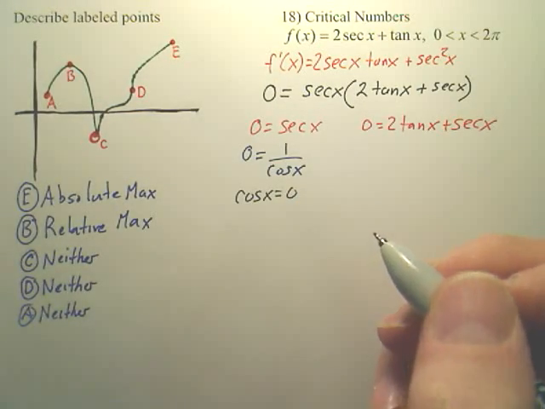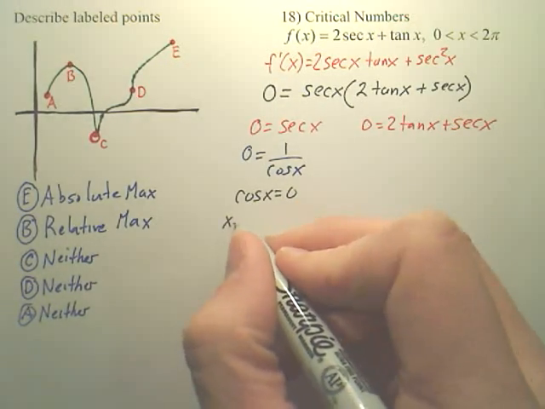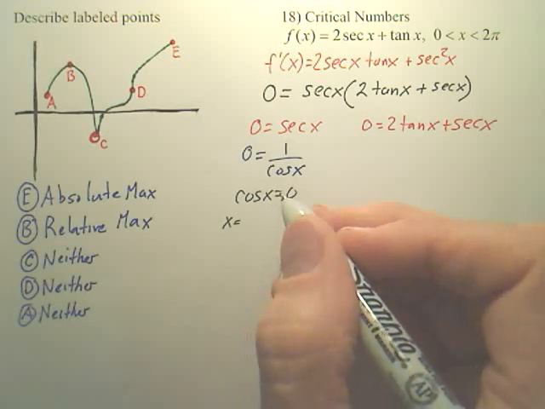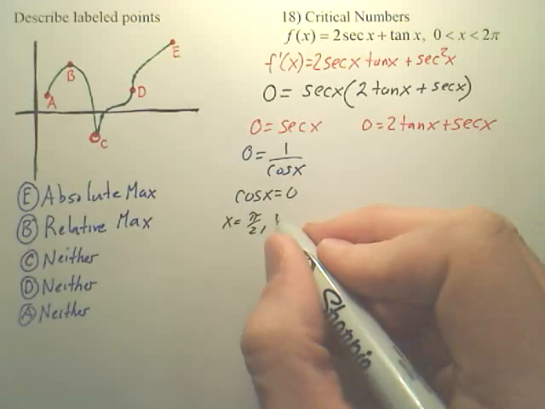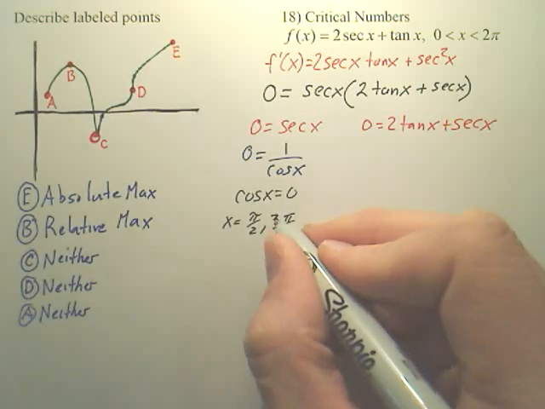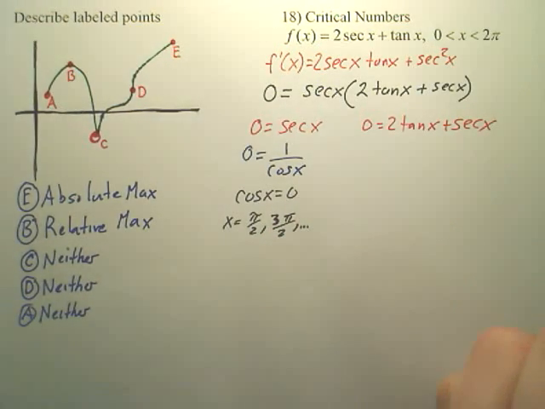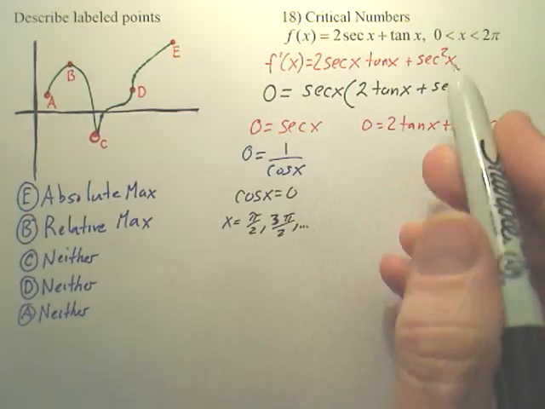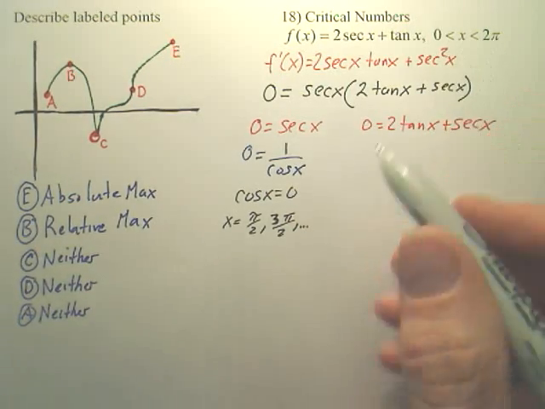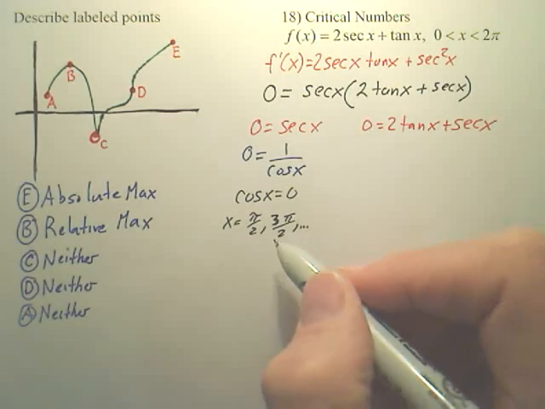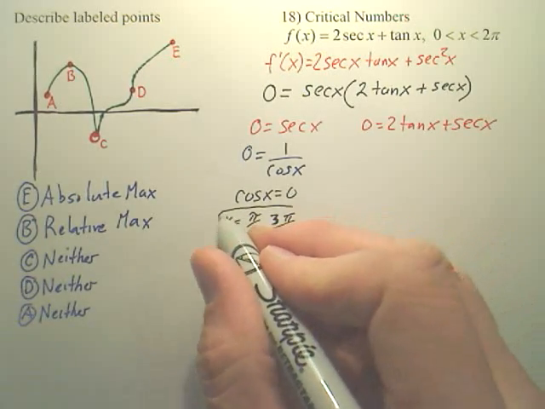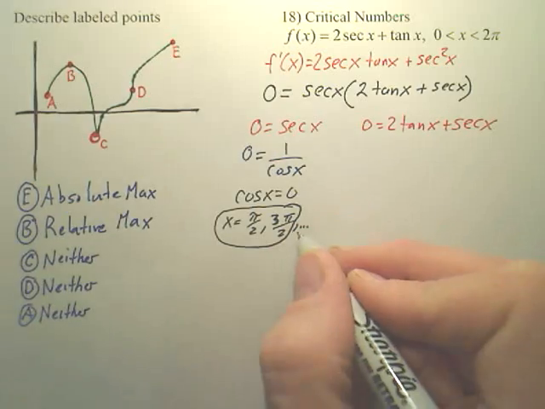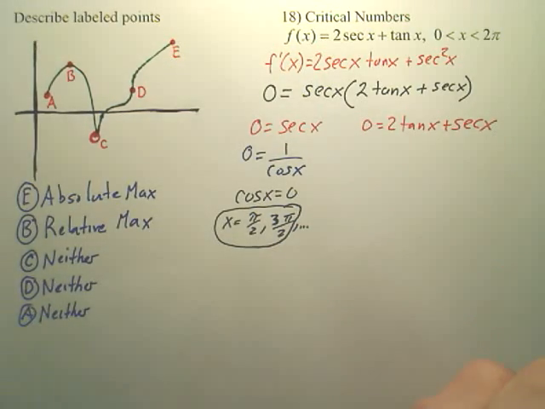And if you think about the unit circle, where does it equal 0? Well, cosine is 0 at pi over 2, 3 pi over 2, and so on. Are both of these in the interval? If we go farther, we'll be getting out of the interval. So these are the two we've got. So these two are actually critical numbers. You could keep going, but those are the two in the interval.